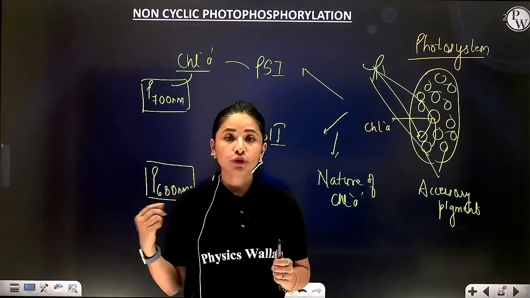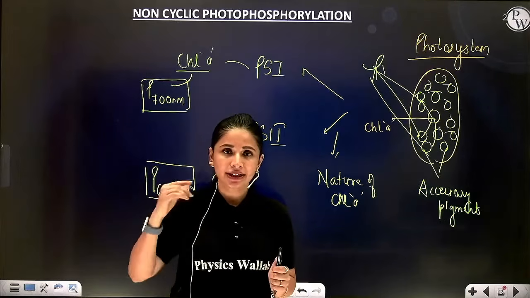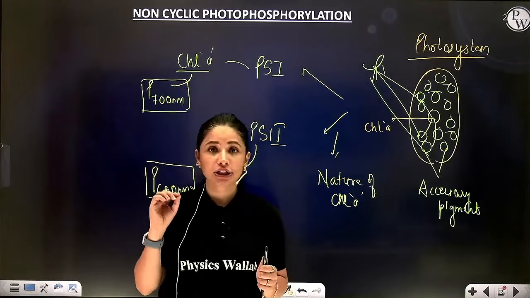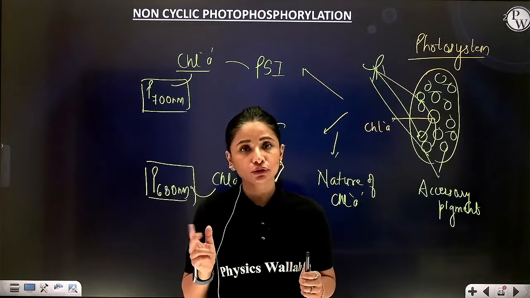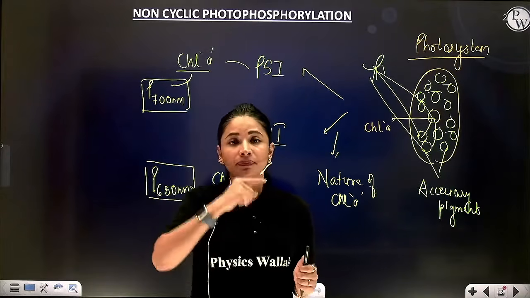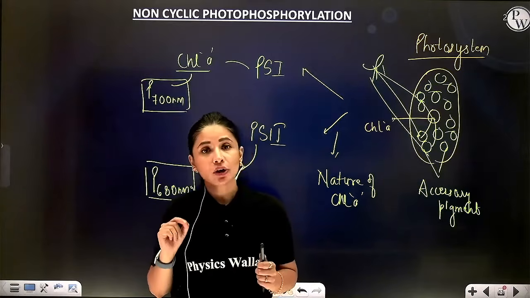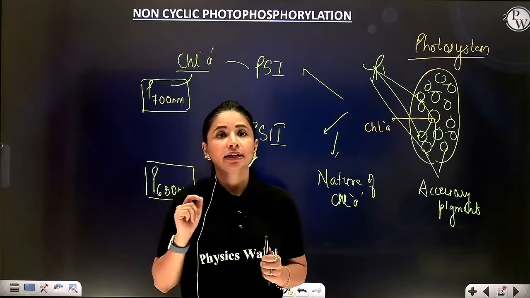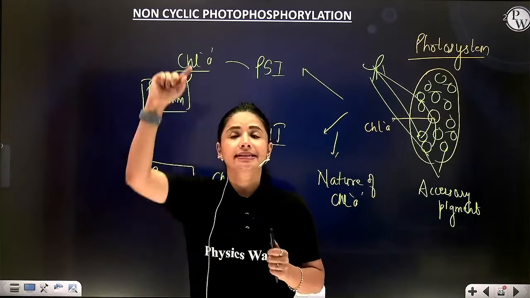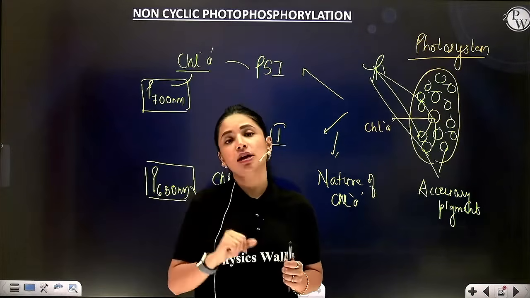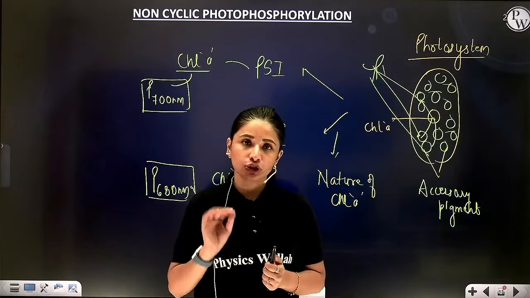photophosphorylation. You will see that the process of non-cyclic photophosphorylation gets a peculiar Z shape. When I show you the flow of electrons between the two photosystems, you will observe that it takes a proper peculiar Z shape. Hence, non-cyclic photophosphorylation can also be known as the Z scheme owing to its Z shape during the transfer of electrons between photosystem 1 and photosystem 2.